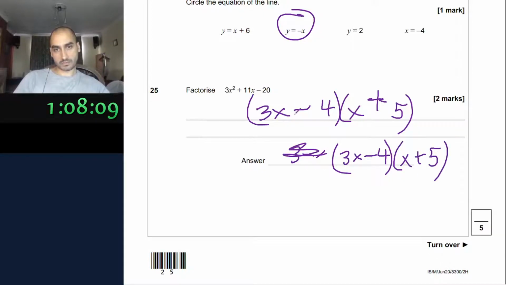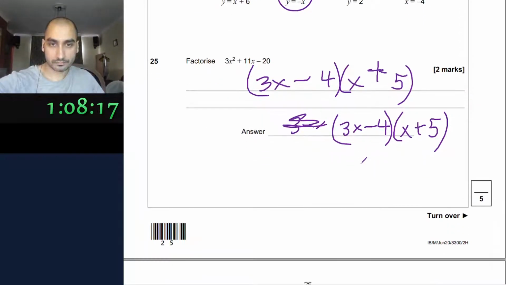So that's 3x squared, 15x minus 4x, 11x minus 20. 2 marks there. I mean, what else can you do in an intermediate step?